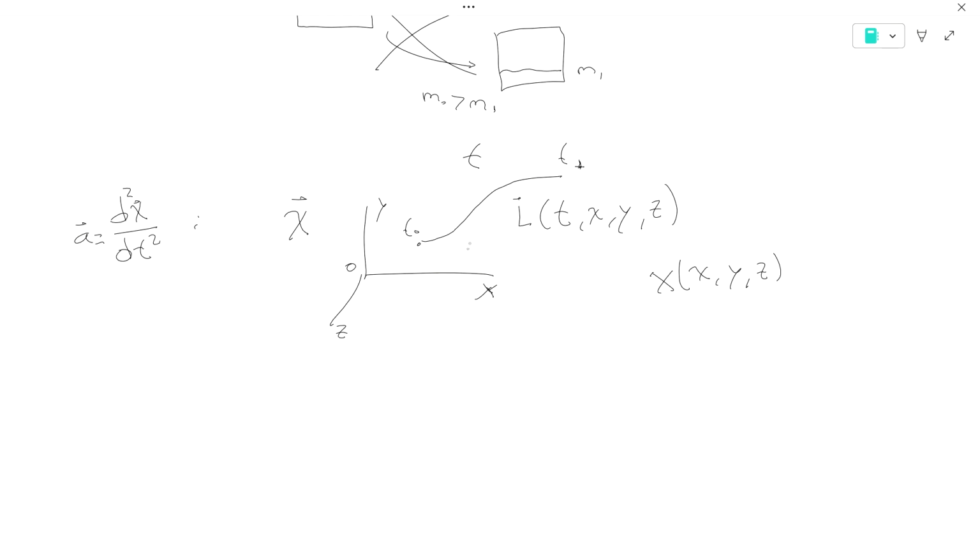Basically, a function of coordinates, a function of space. 3 units in x, 4 units in y, 5 units in z, whatever. We saw this in statics as well. You can define this initial point as a vector with respect to O. And you can define that final point with respect to O with a vector. So L, this trajectory, is a function of the time that it took and the change in position.